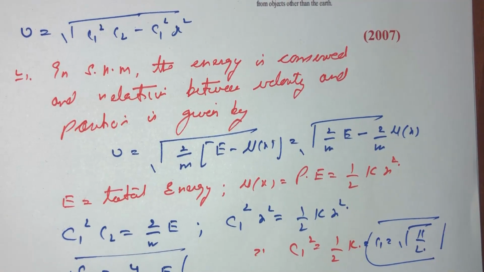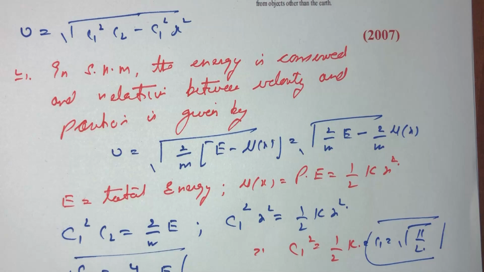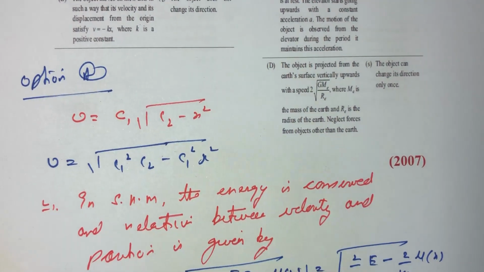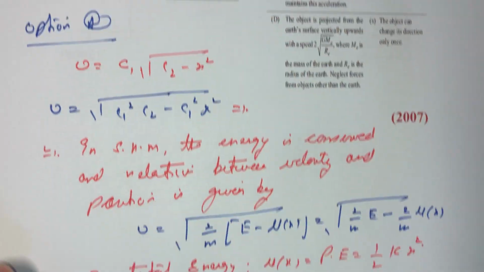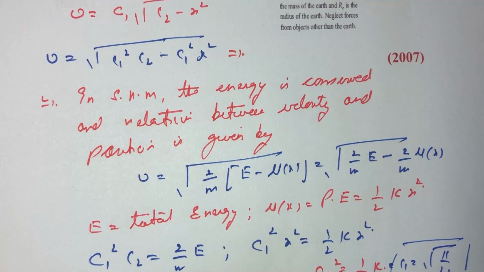So we got the values of C1 and C2. Indirectly we can say that the given velocity equation describes the SHM, where C2 is in the form of the total energy and C1 is dependent upon the spring constant.